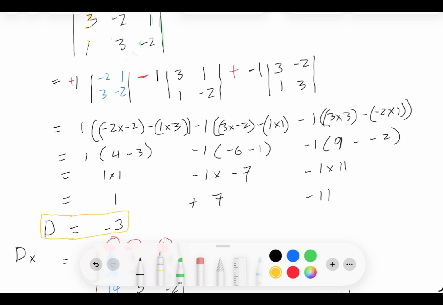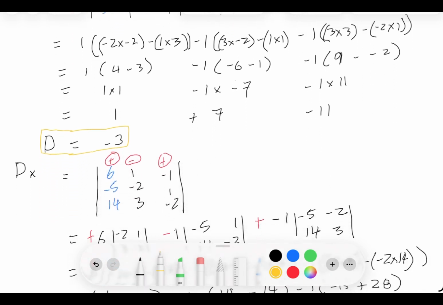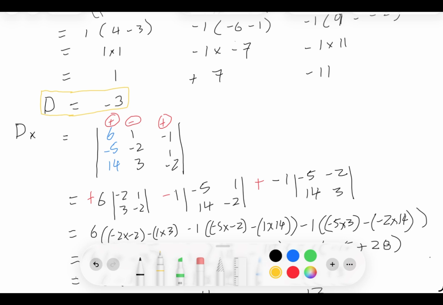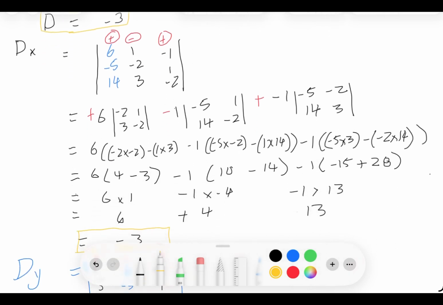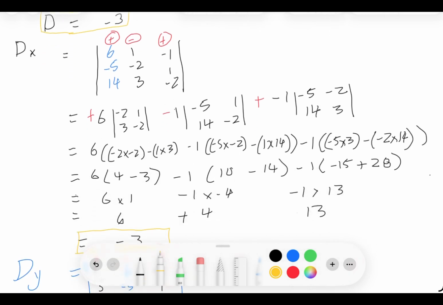Next, we're going to find dx. dx is a determinant of the matrix now where the first column is replaced by your original results matrix, which was 6, negative 5, and 14, with the second and the third columns remaining the same. And we carry out a similar process.